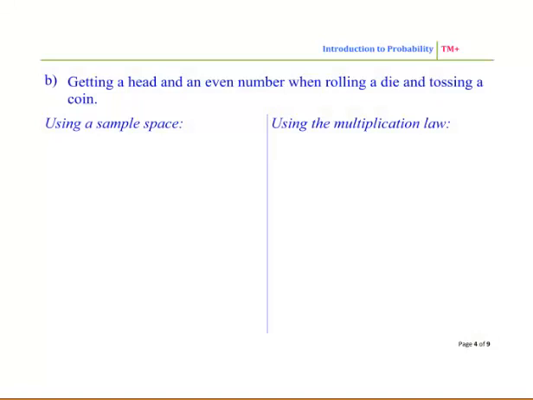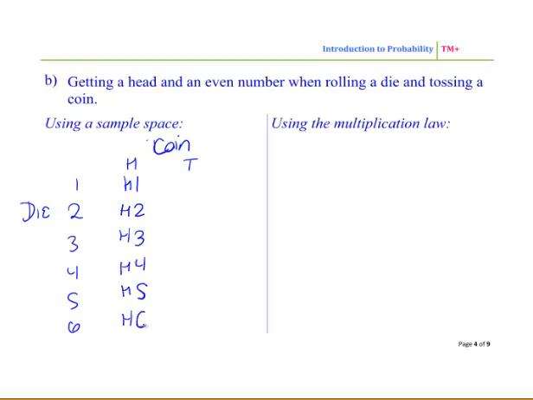So here, getting a head and an even number when rolling a die and tossing a coin. Again, you would have to go coin and die. In your coin, you can have a head and a tail. Your die, you can have 1, 2, 3, 4, 5, 6. So it's head 1, head 2, head 3, head 4, head 5, head 6.